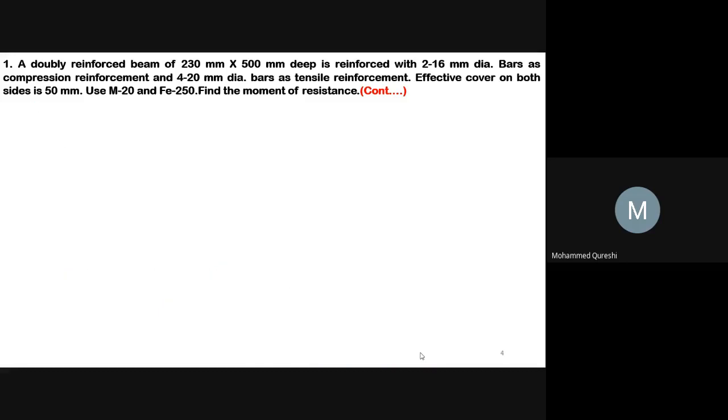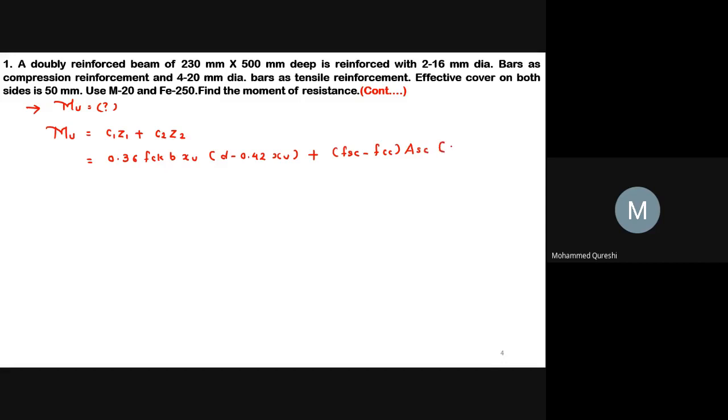So for moment of resistance, we know the equation Mu equals C1Z1 plus C2Z2, and the value of C1 is 0.36 fck b into Xu, and the value of Z1 is d minus 0.42 Xu, plus the value of C2 as Fsc minus Fcc into Asc, and Z2 as d minus d dash.